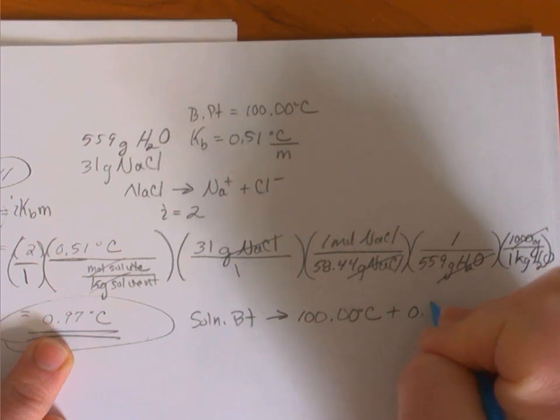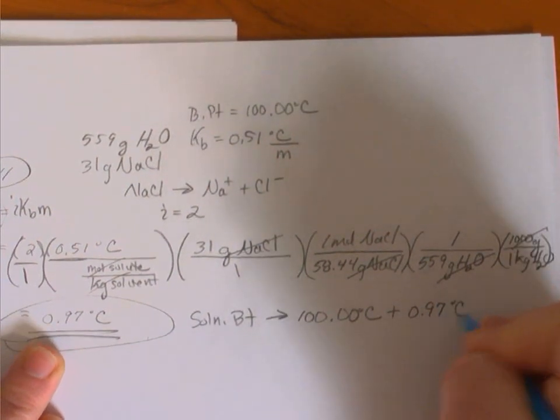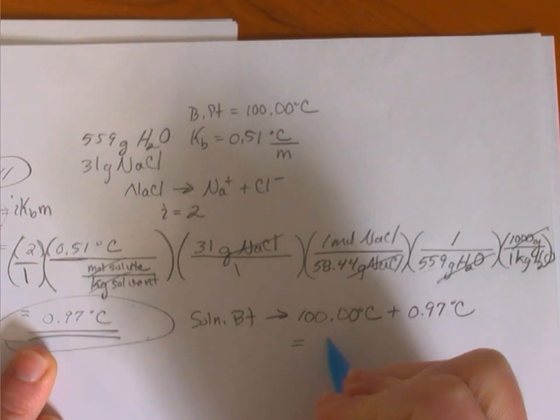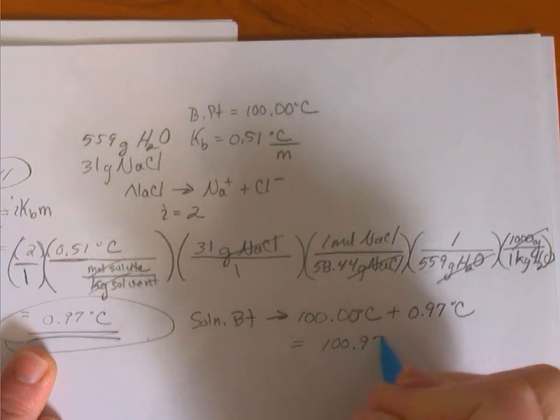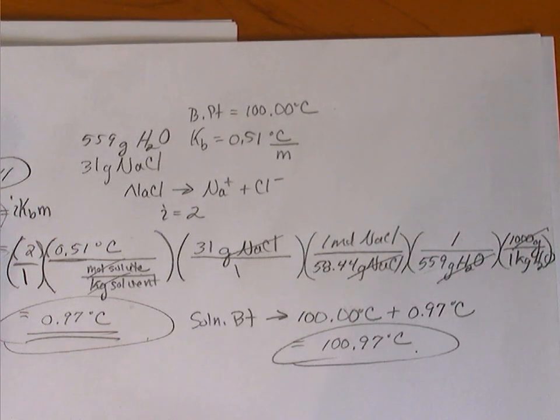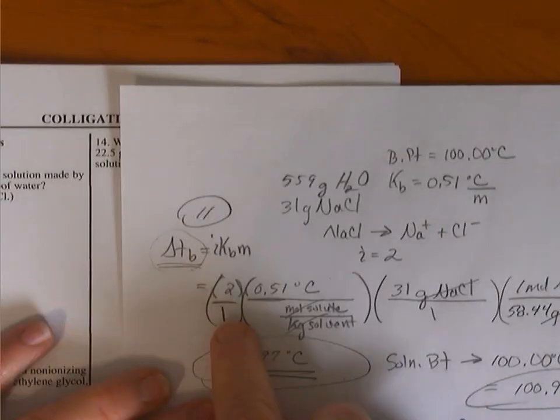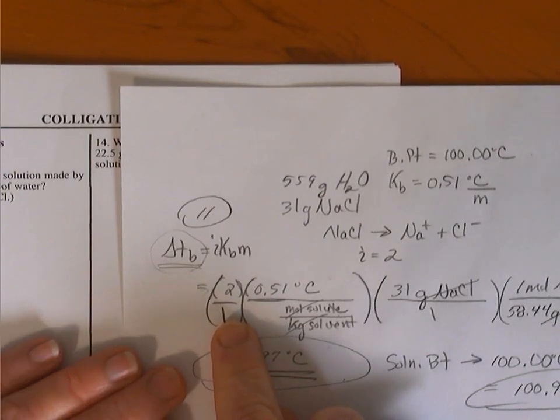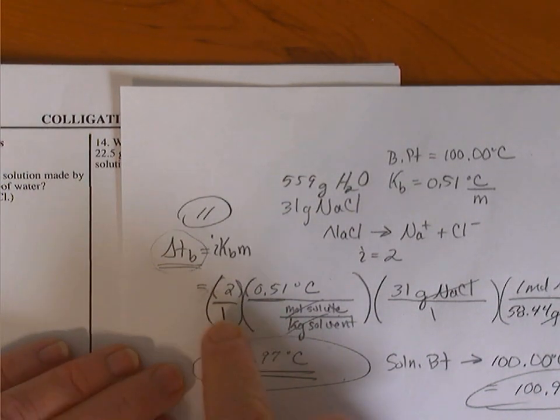We will add that 0.97 degrees Celsius. So the solution boiling point, there we go, 100.97.